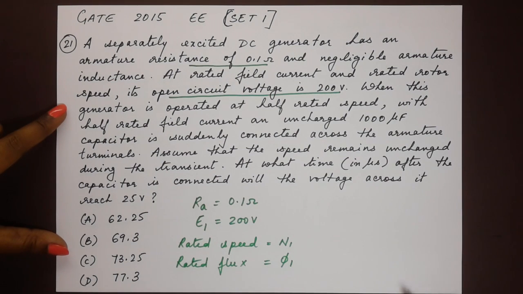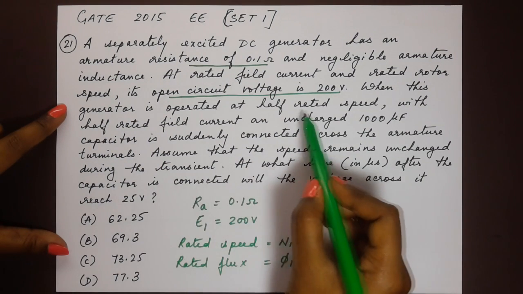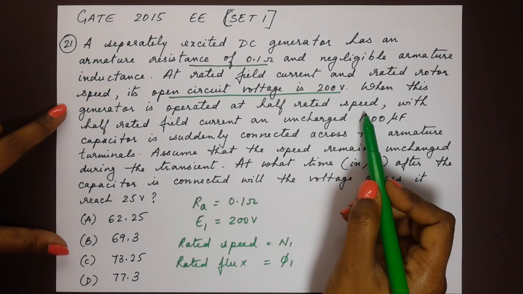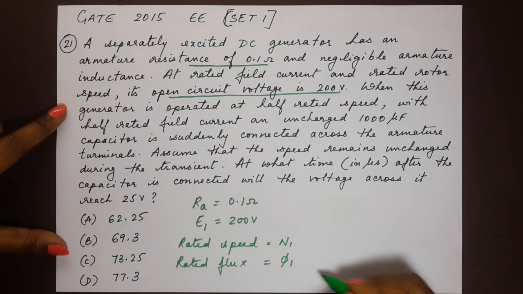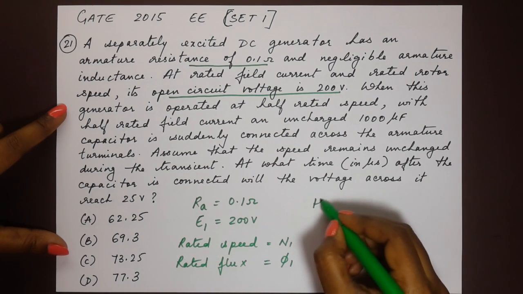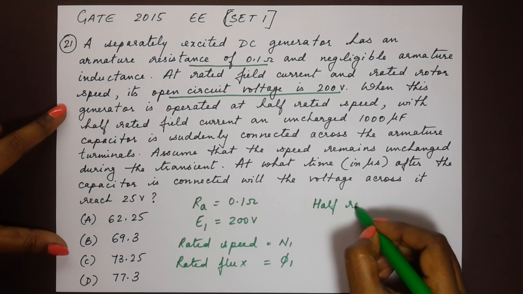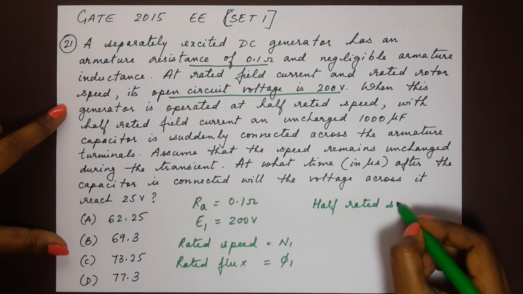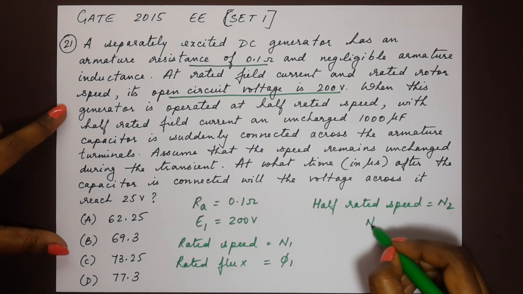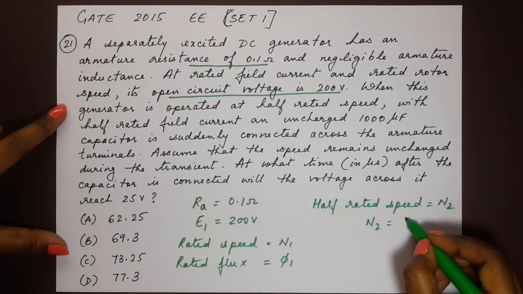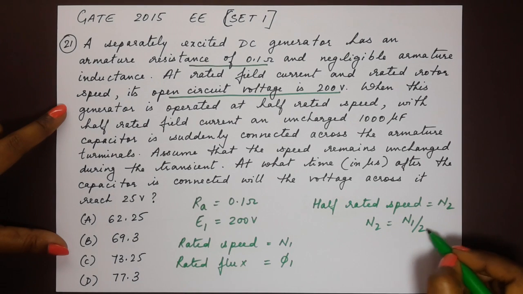Next, the question says that the generator is operated at half the rated speed with half rated field current. So if it were to run at half rated speed, let's call this N2. So N2 is now half of the rated, so that's N1 by 2.